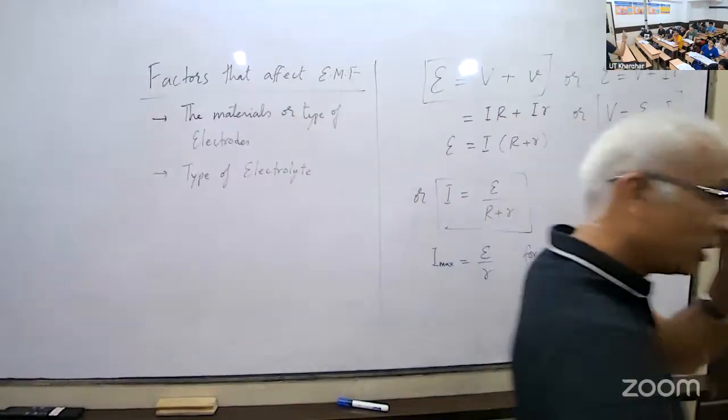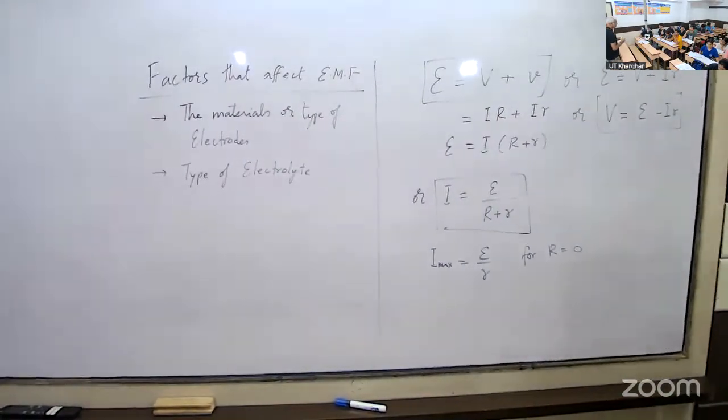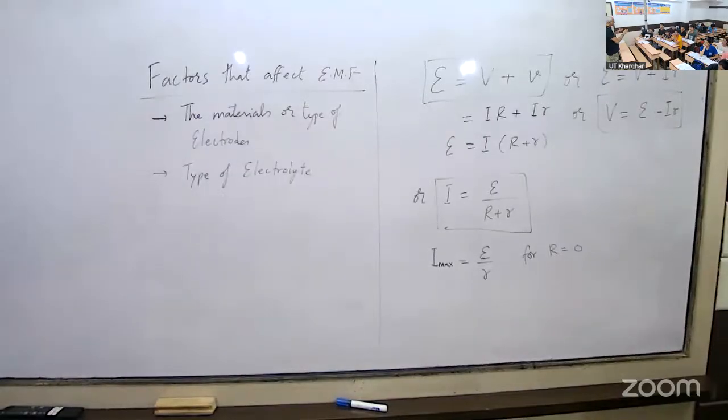Two cells may be different in the choice of material of electrode and the choice of electrolyte. That's how two cells from different companies will be either better or inferior. That depends on what kind of materials they have chosen.